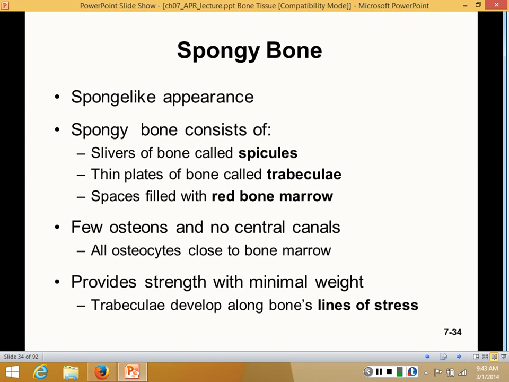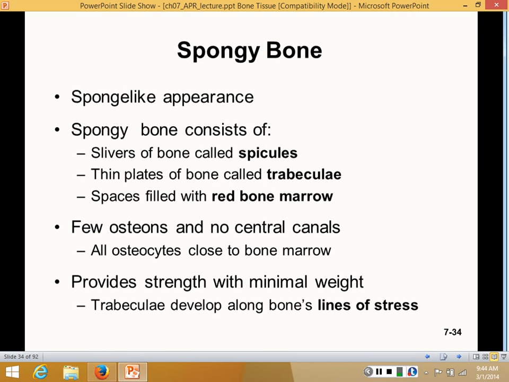The trabeculae. The reason you have those little holes, the spicules, the trabeculae, and things of that sort, and you have spongy bone, is because red bone marrow has to occupy that area. Okay? So you have those little holes, and those little holes will be your red bone marrow. Does that make sense? Red bone marrow.